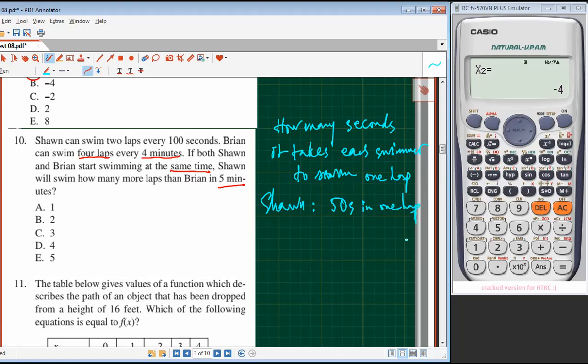And about Brian, Brian can swim 4 laps in 4 minutes. 4 minutes equal to 4 times 60. That is 240 seconds.